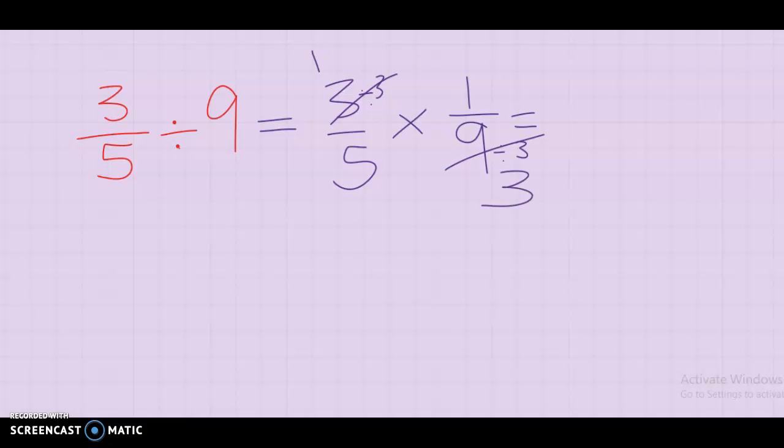Now I'm going to multiply across. 1 times 1 is 1. And 5 times 3 is 15. 3/5 divided by 9 is 1/15.